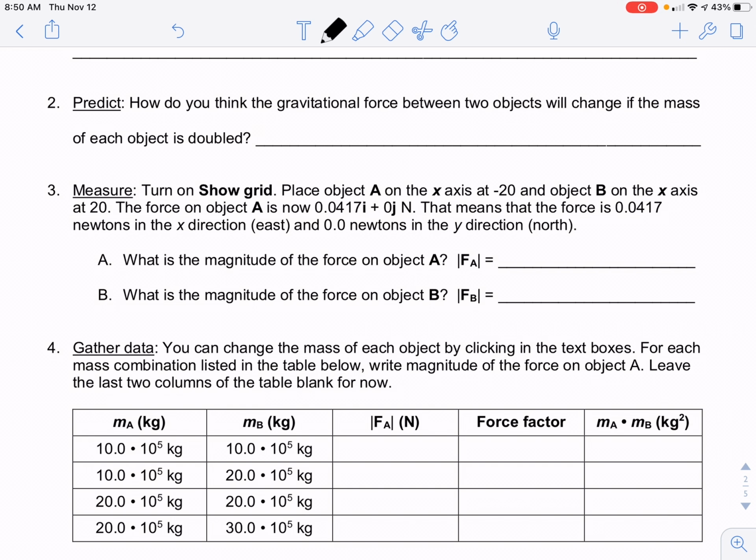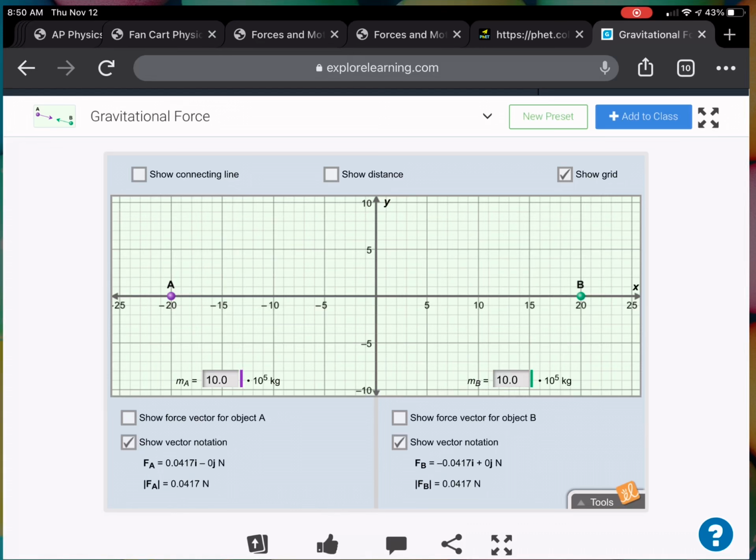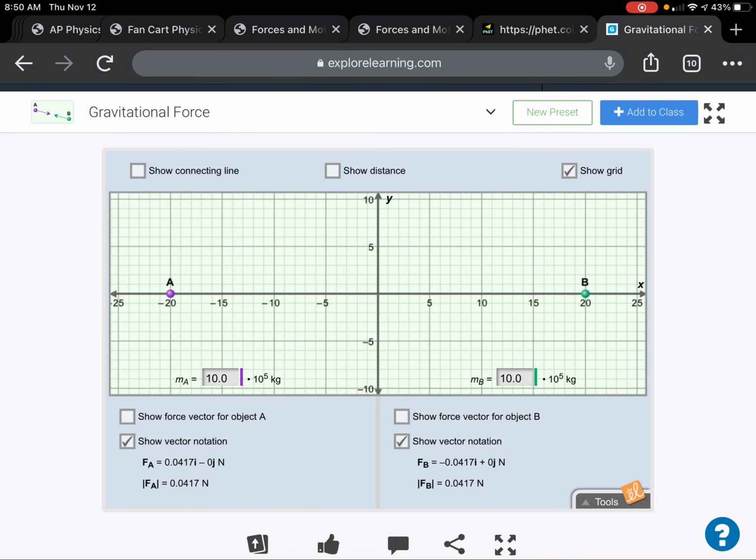Part A, what is the magnitude of the force on object A? Well, magnitude is the amount of force. It's how much force. It is the number written in front of i in the vector notation. It's also the number that you see when you see force A in absolute value bars at the very bottom of the screen. FA is 0.0417 newtons, and FB is also 0.0417 newtons.